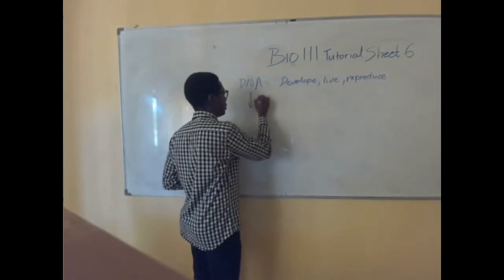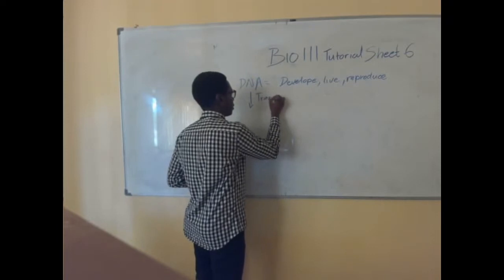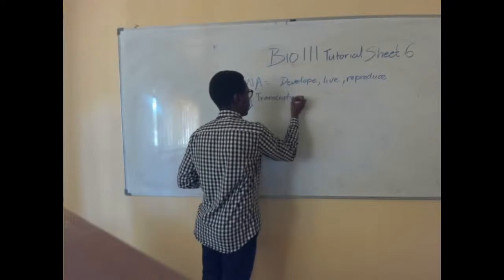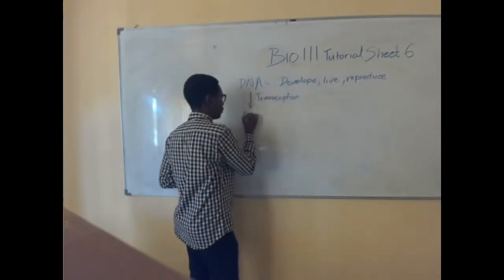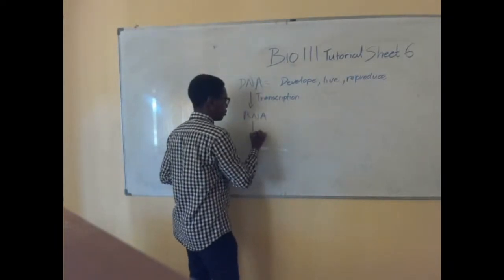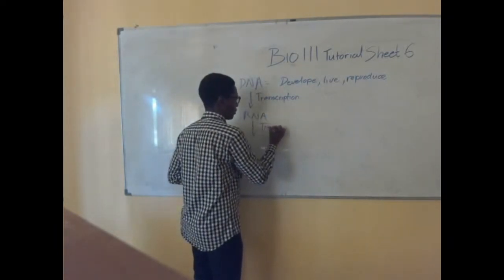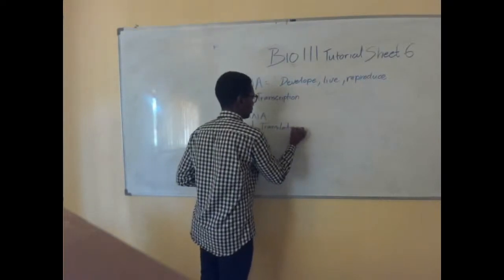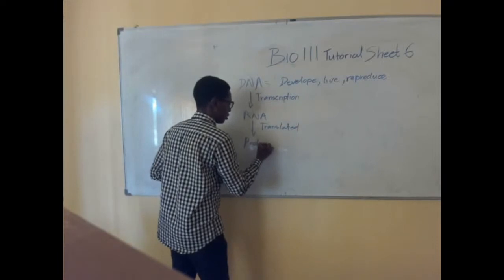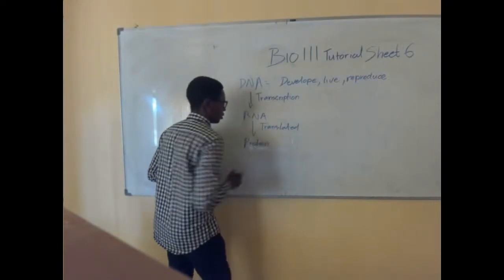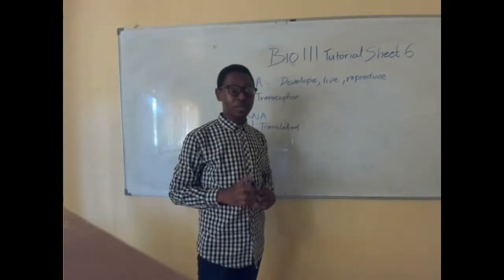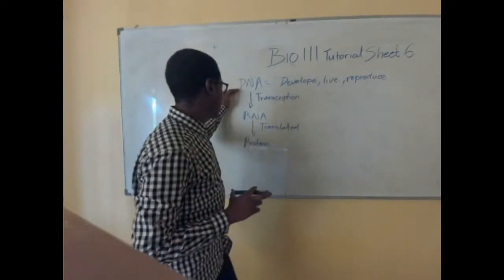Our DNA will be transcribed. Transcription will give RNA. Now this RNA is going to be translated into a protein. Okay. So those are the functions of DNA and RNA.